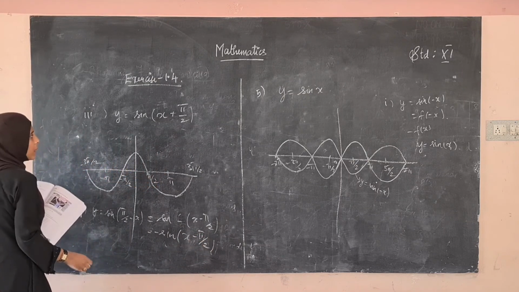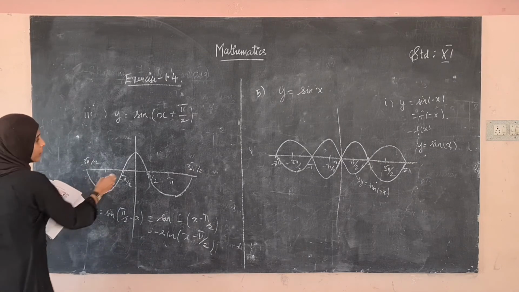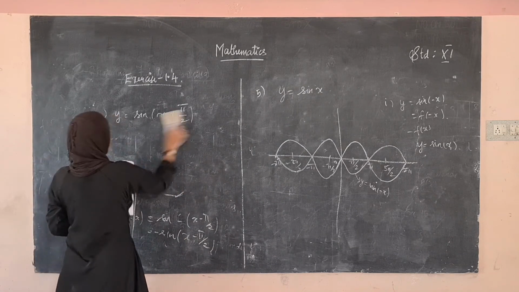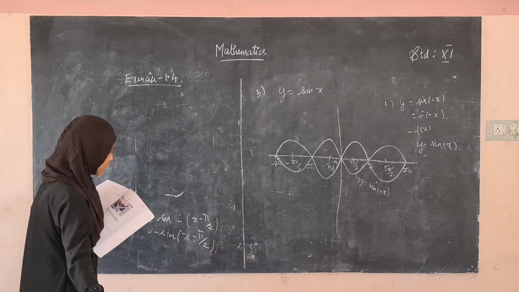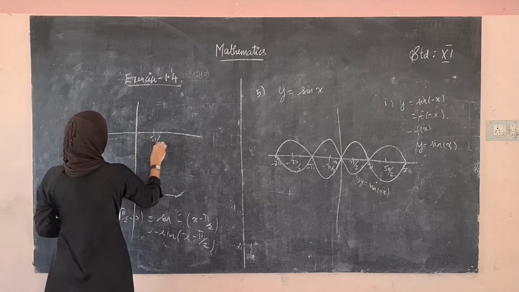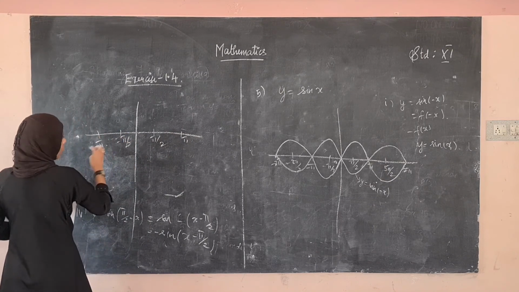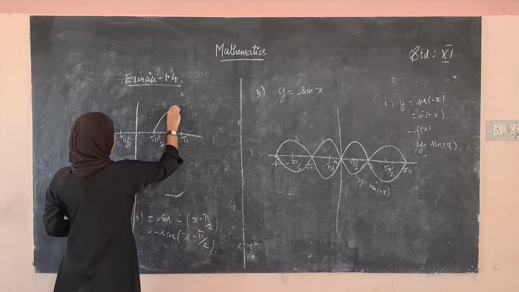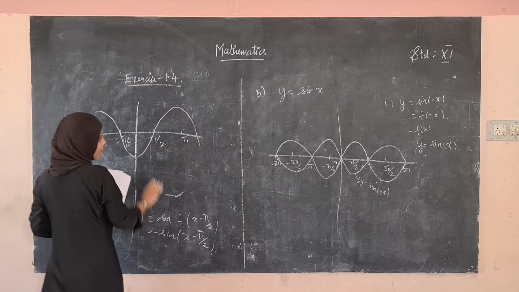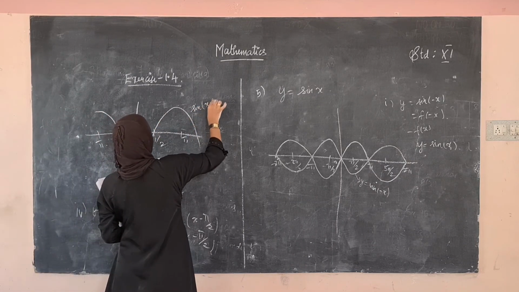So what happens? First, you have to draw the graph of sine of (x minus pi by 2). So pi by 2, pi, minus pi by 2 and pi. Shifted to the right. This is how the graph will be for sine of (x minus pi by 2).